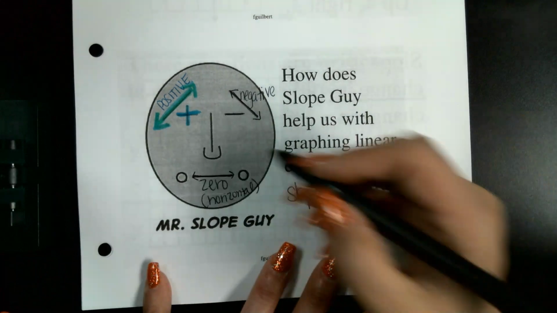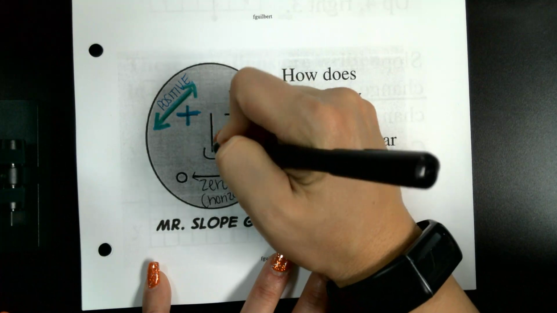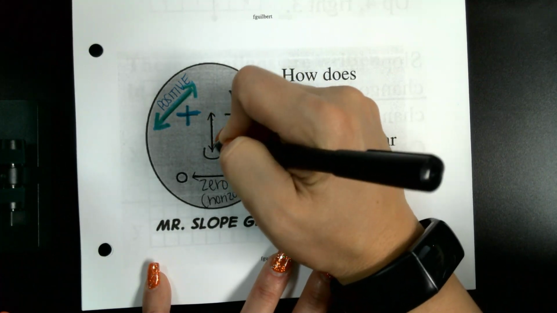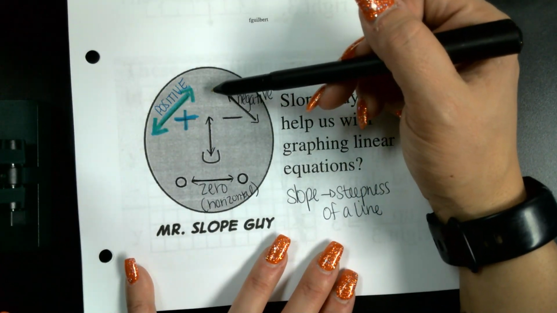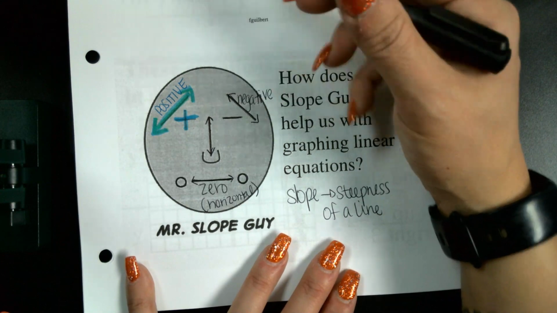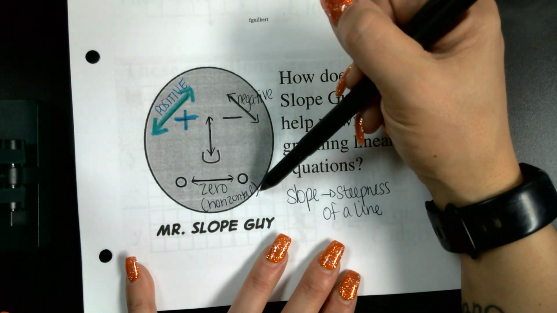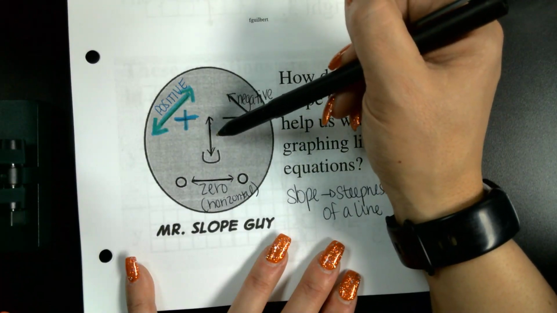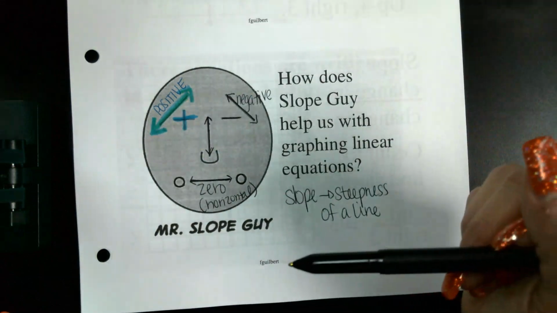Then the only other one we have to talk about is this vertical line right here. So the one that goes straight up and down. If you guys think about this, can you walk uphill without help? Yeah? Can you walk downhill? Can you walk straight across? Can you walk straight up and down? No. Like you guys are not able to just go straight up and down if you were trying to walk it.